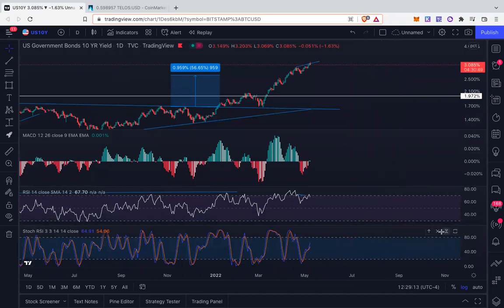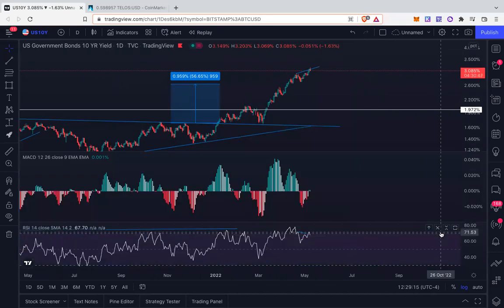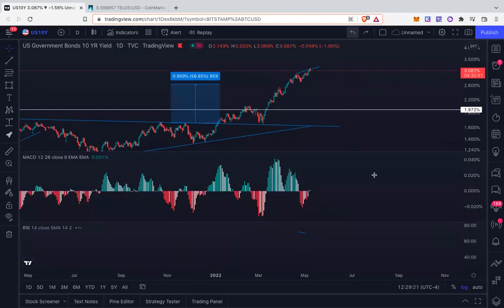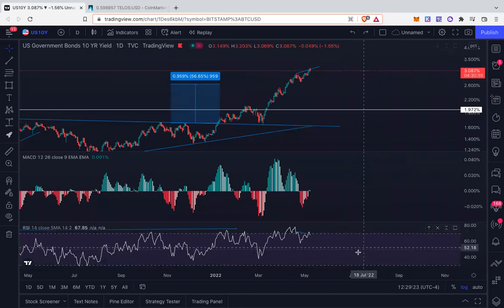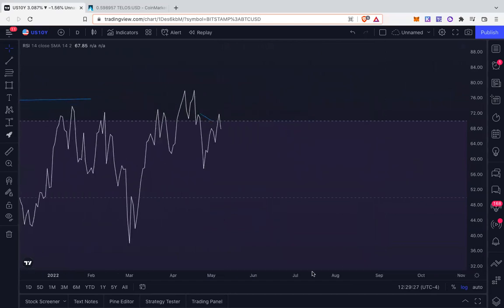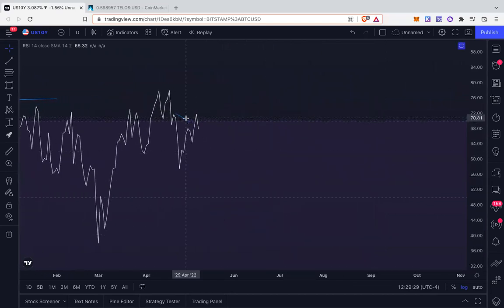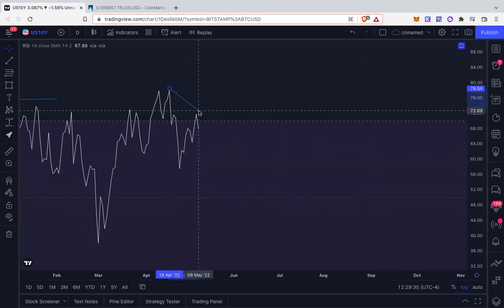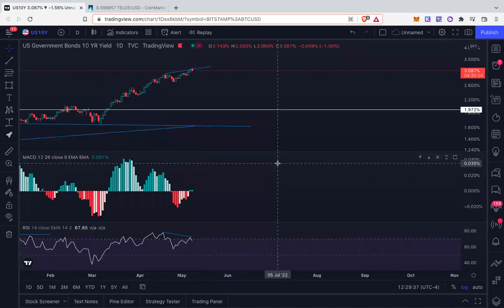Let me delete this sketch. I need the RSI. I've been mentioning that you want on a daily on these interest rates that you were starting to develop potentially some bearish divergence.